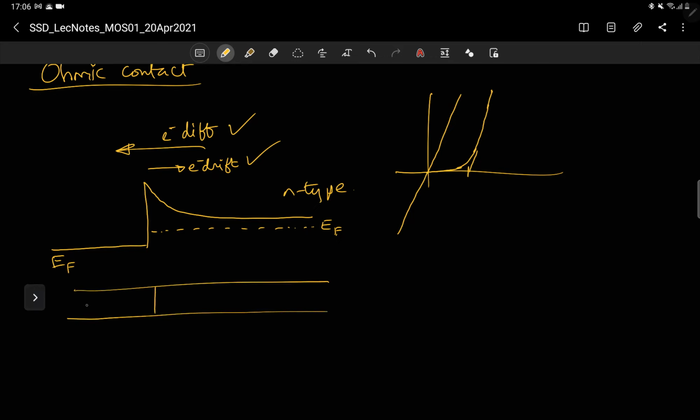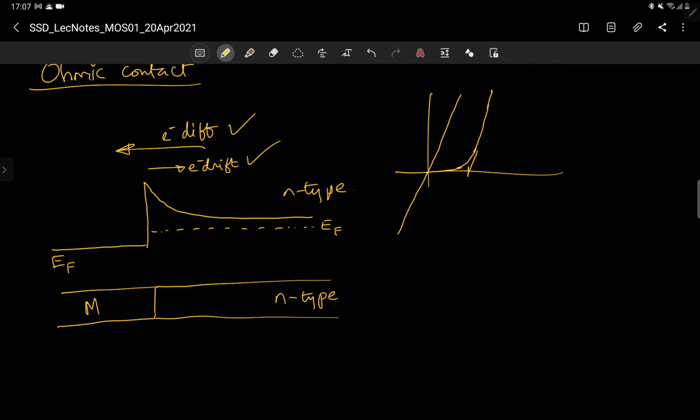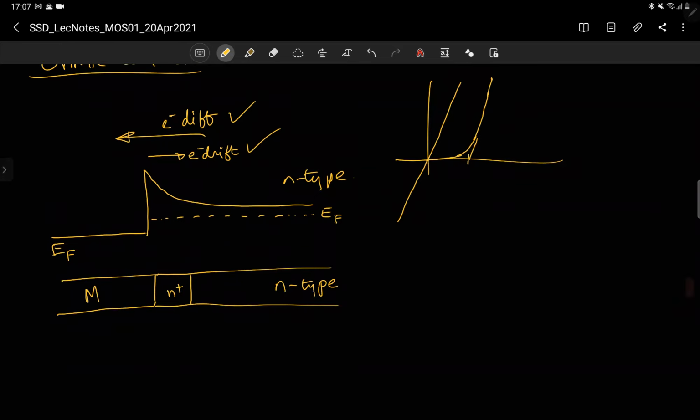So if this is metal, and if this is an n-type semiconductor, what they do is dope very heavily. Instead of just depositing metal on the n-type semiconductor, you convert the n-type semiconductor surface to n plus, and on top of n plus you put metal.